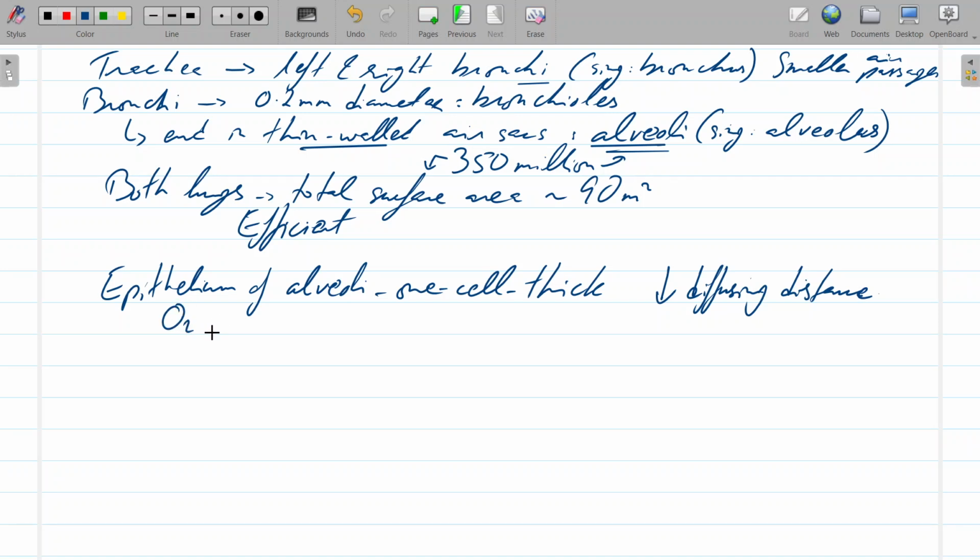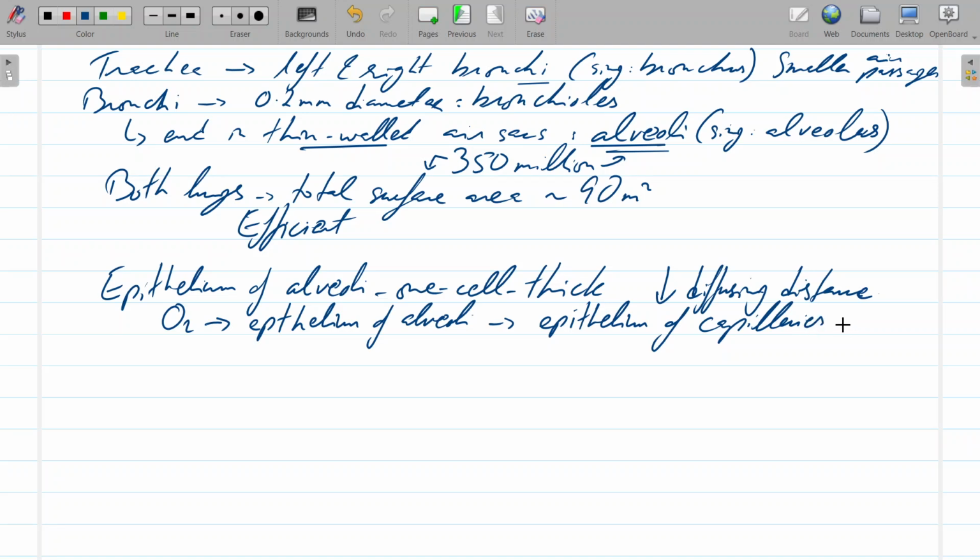So basically there's only a two cell layer that oxygen has to pass through. Oxygen coming into the lungs diffuses through the epithelium of the alveoli, and then through the epithelium of the capillaries, and then it has reached the blood.